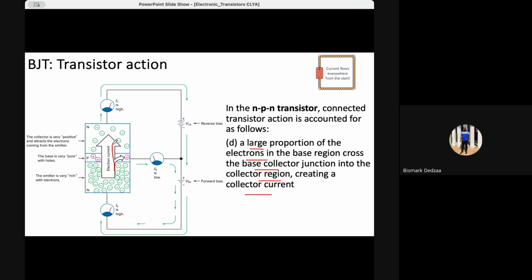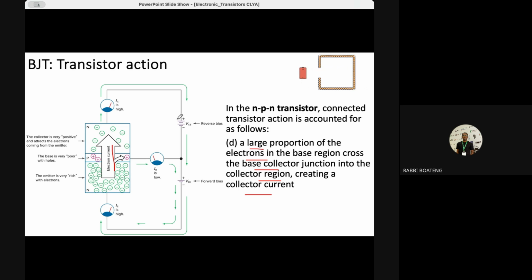So if one is not there, maybe it will not function, because at the end of the day, we need this one to actually pull everything that we have at the base to this end. So if one source is not there, it's not possible that it will work. And this is with the condition of the doping effect. We dope one section more, we dope one section less, we dope one very, very little.